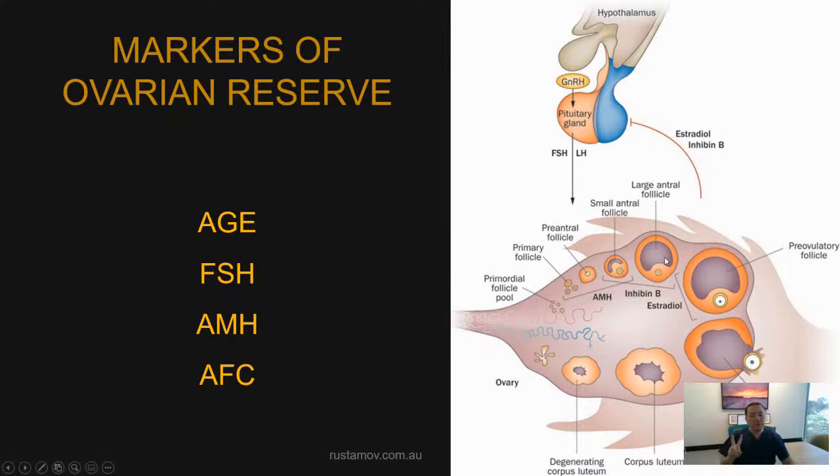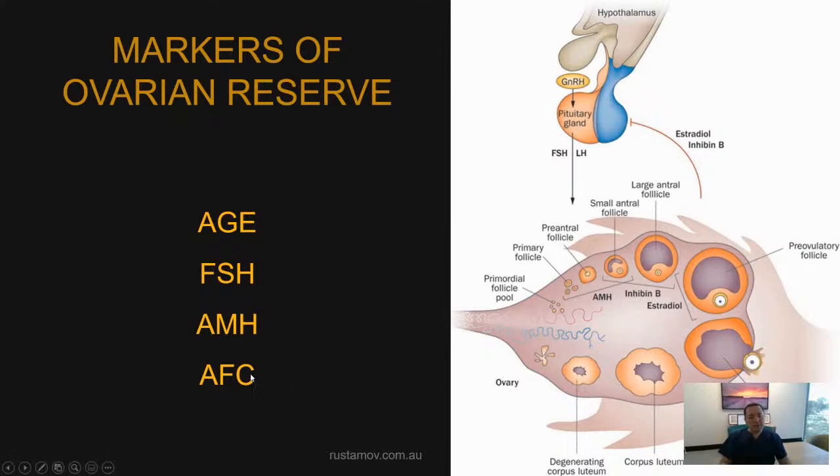However, there are 2 markers which are very accurate, and they are direct markers of ovarian reserve because they reflect the direct follicular activity in the ovaries. The first one is anti-Mullerian hormone. Anti-Mullerian hormone is produced from growing follicles. If women have a high number of growing follicles, they have high AMH levels, and vice versa.